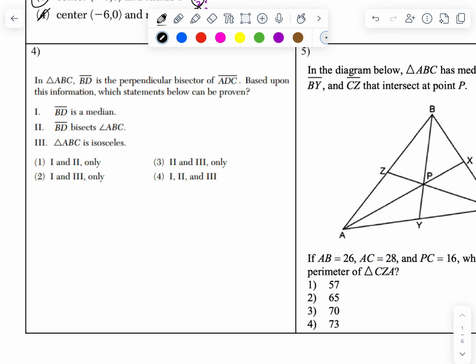We have triangle ABC. I'm going to draw a picture because they don't provide us with an image. And BD is the perpendicular bisector of ADC.